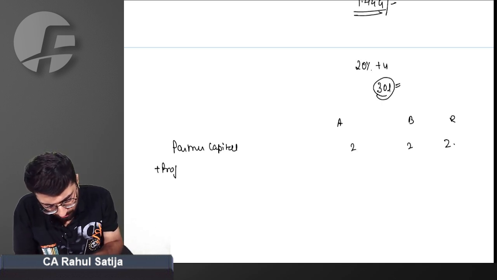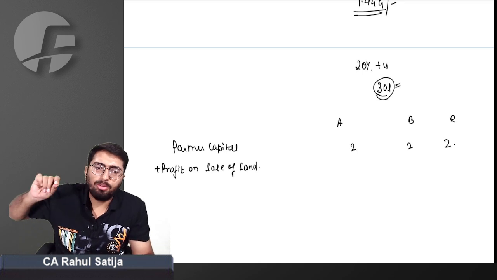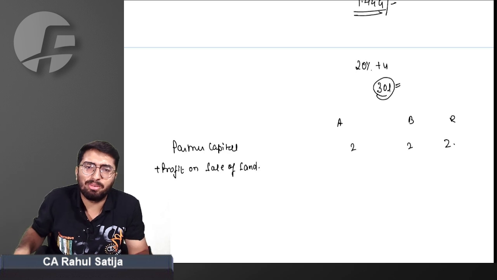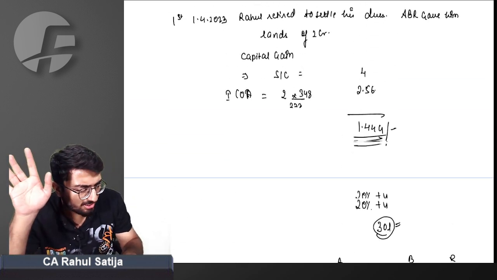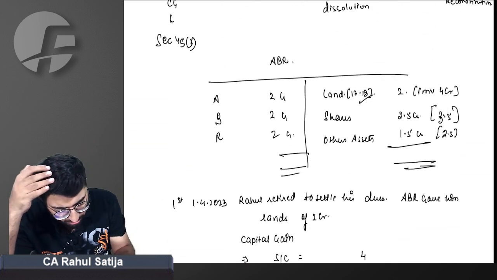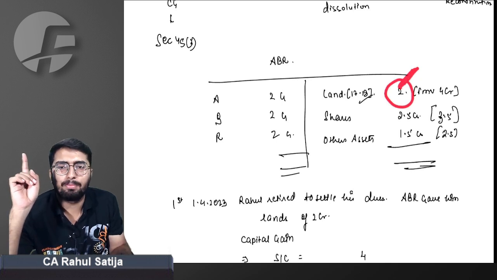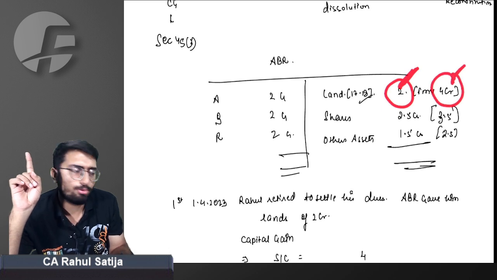Plus profit on sale of land. Who can calculate the profit on sale of land? How much book profit would have accrued to all the partners? We had land at 2 CR, and now we could easily realize 4 CR.